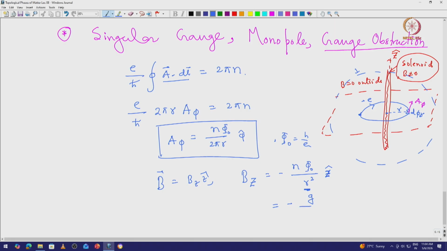it, write it much like how we write electric charge, B equals g over 4 pi r square, and g is n phi 0, which is n h by e, the monopole charge.